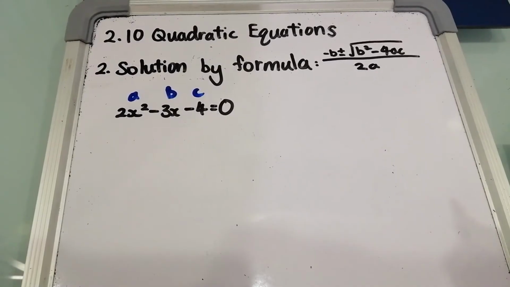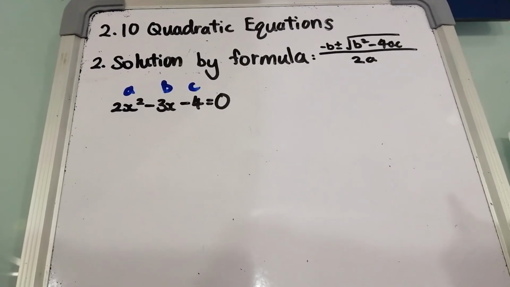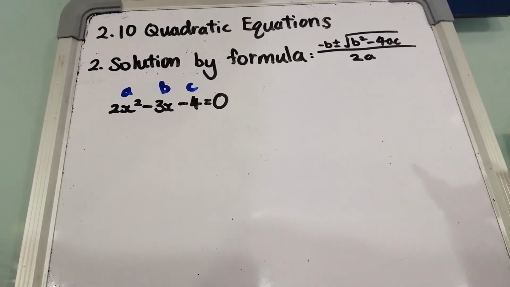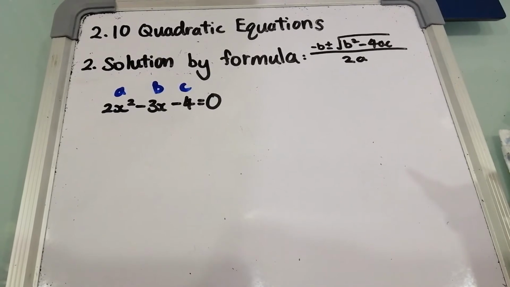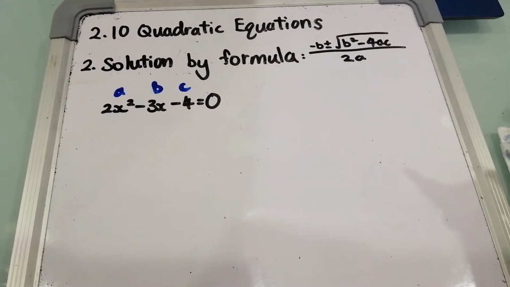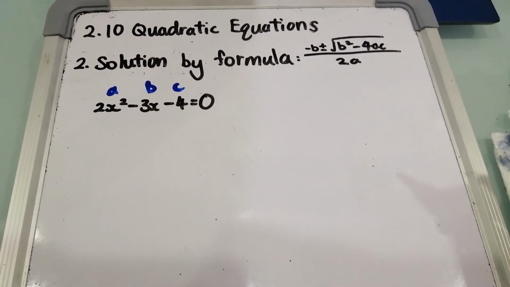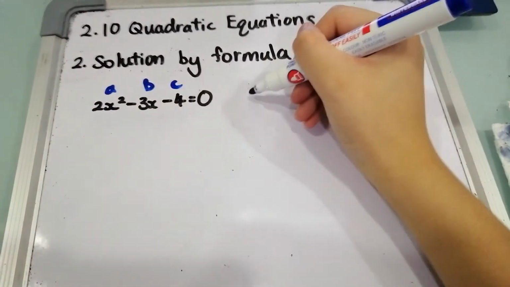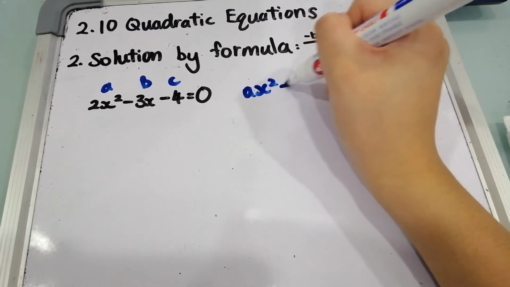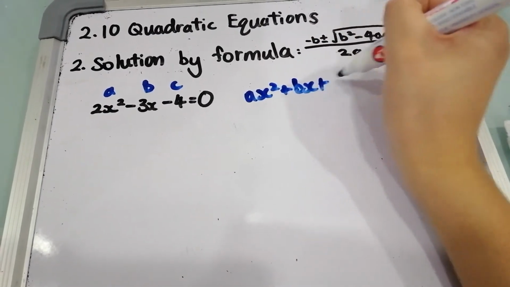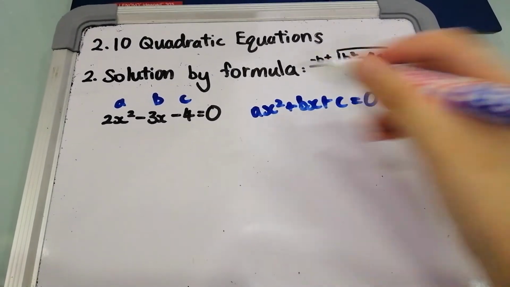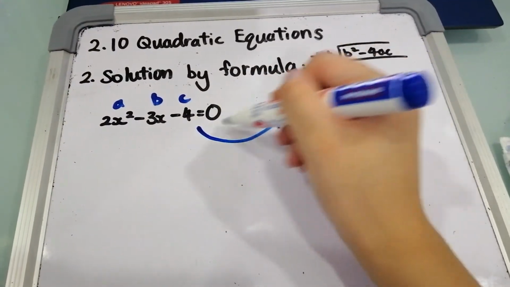So we'll go into solution by formula. Okay, in order to solve our quadratic equation with the formula, we need to change our equation into the standard form ax squared plus bx plus c equals to 0. So you can see that this is already the same.